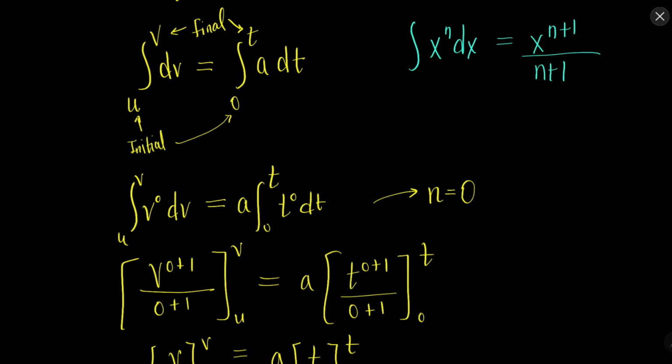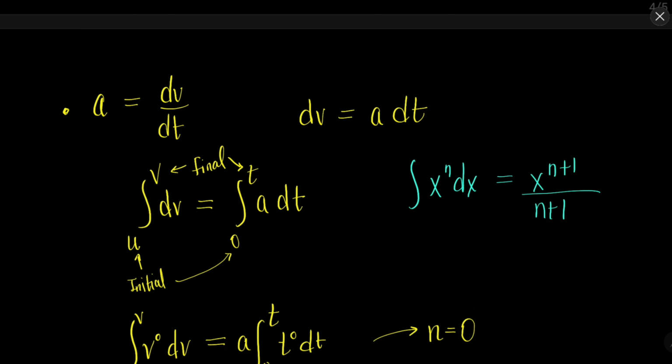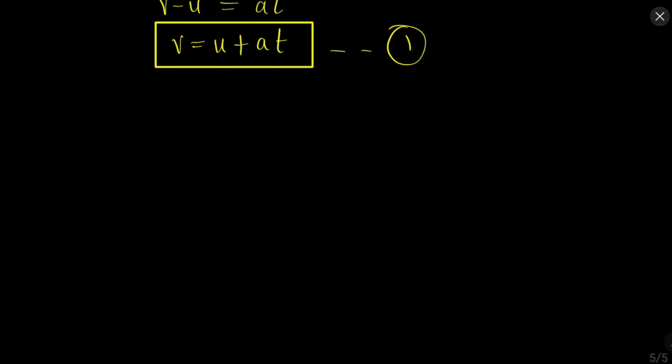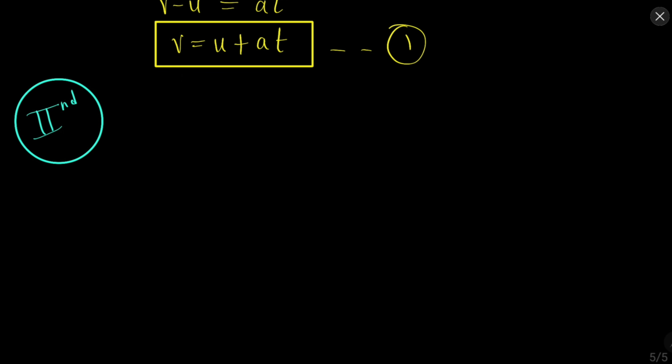Now let's try to derive the second equation. For the second equation, let's start with the formula that we have derived: v equal to u plus at.